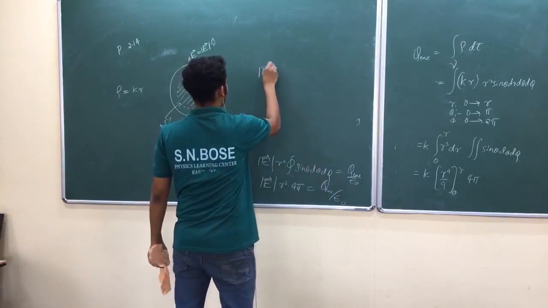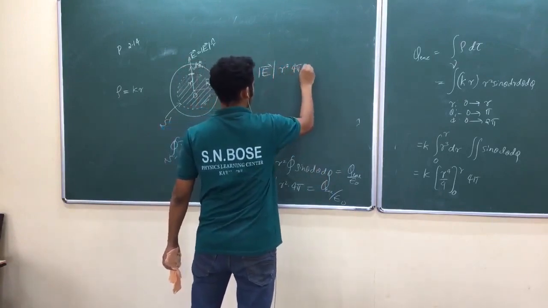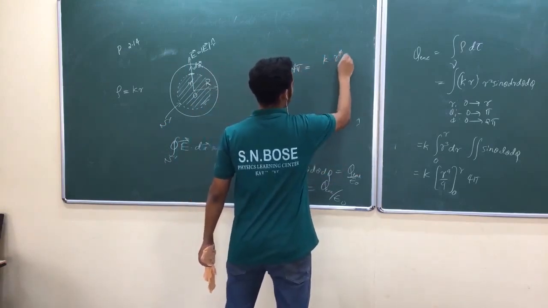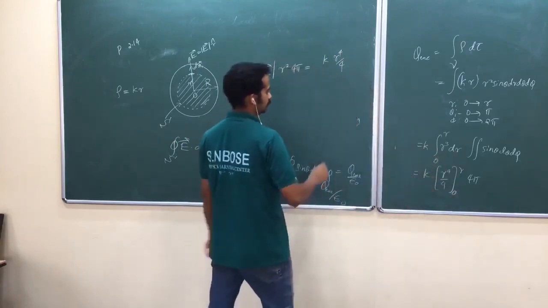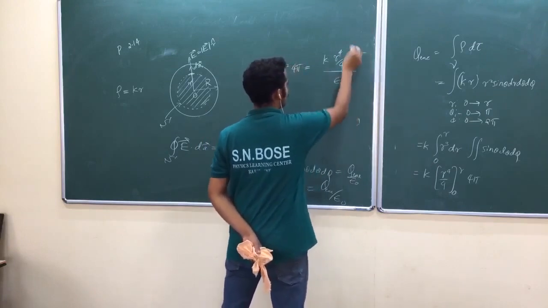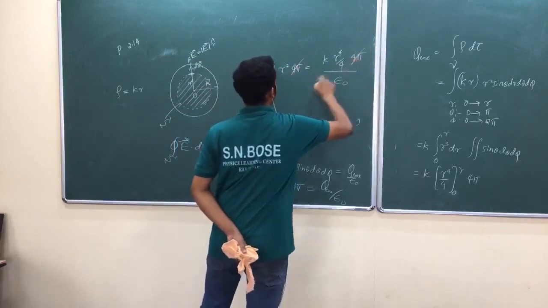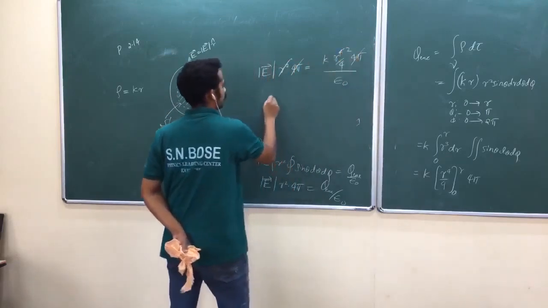Mod of E r squared into 4 pi is equal to Q enclosed, that is K r raised to 4 by 4, upper limit minus lower limit, into 4 pi, divided by epsilon naught. This is Q enclosed. The 4 pi got cancelled.